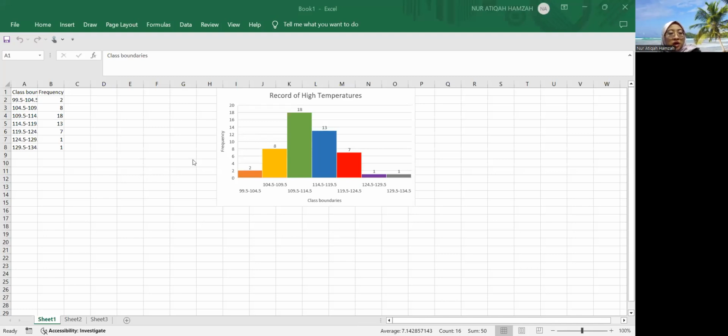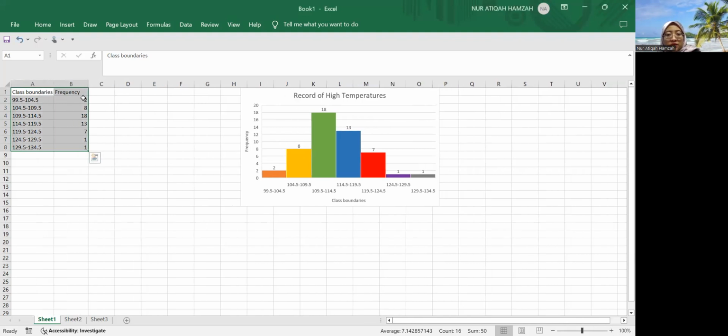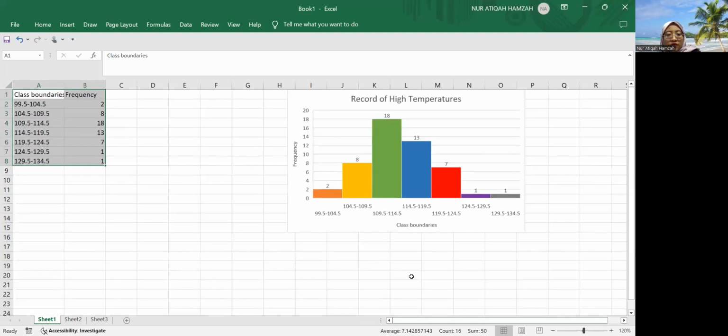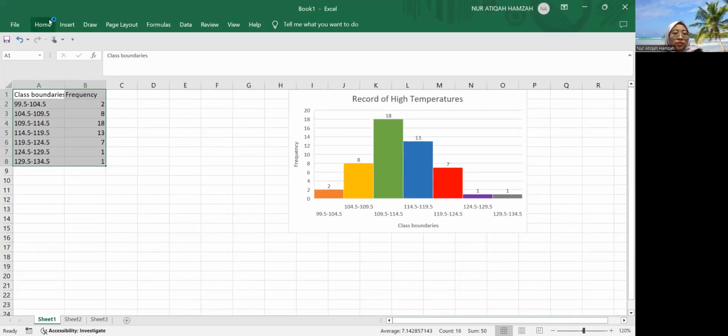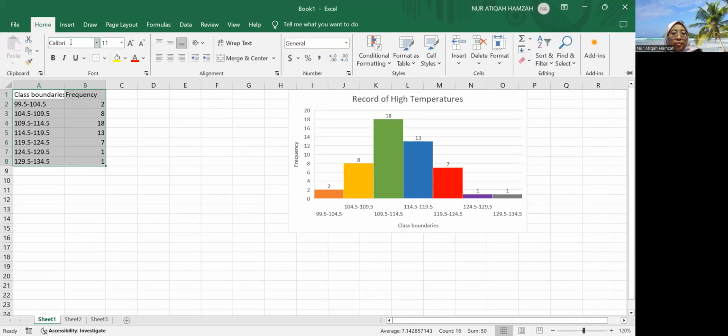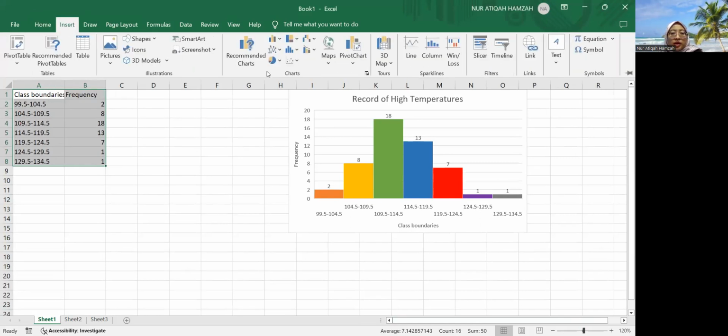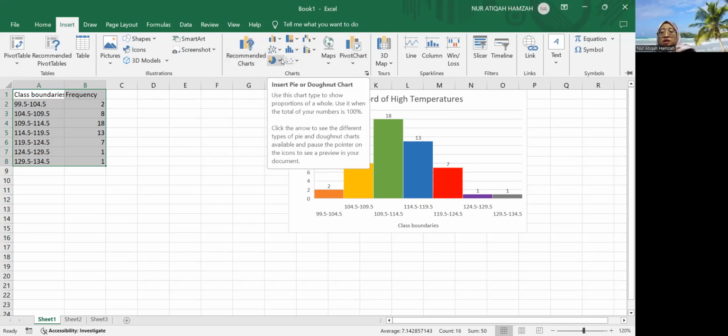Alright, so this is how we build the histogram using Microsoft Excel. So awak just masukkan saja table yang sama ke dalam Microsoft Excel, and then okay, bila kita dah masukkan kita punya value tu, x value dengan y value kita, kita boleh pergi kepada insert, and then awak boleh nampak kat sini ada banyak pilihan charts yang kita ada.